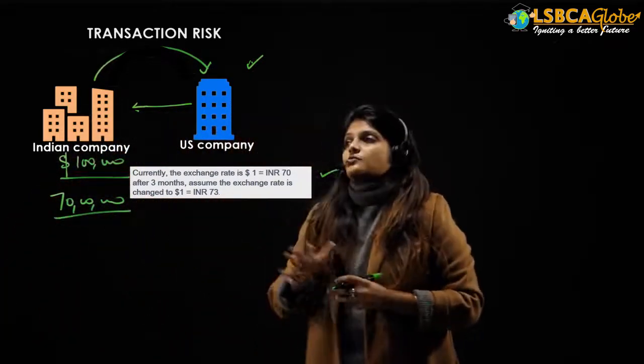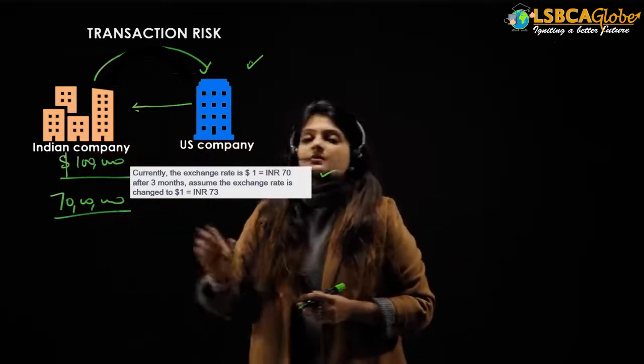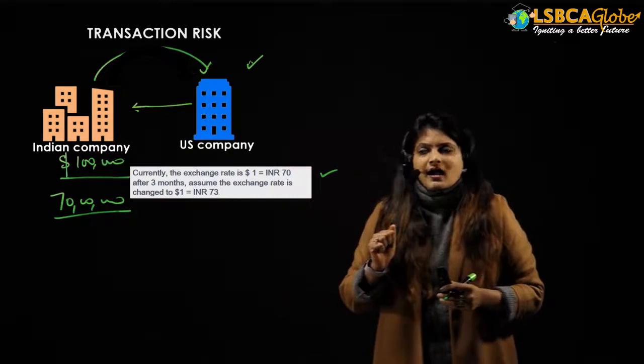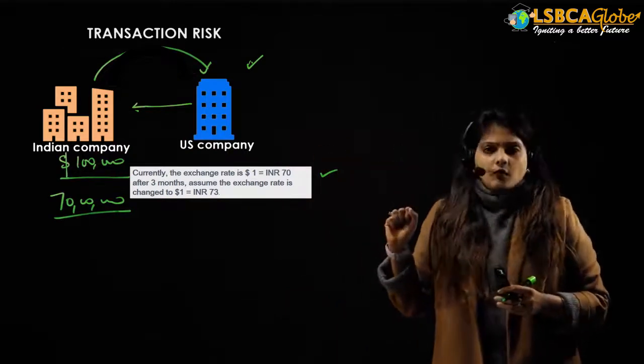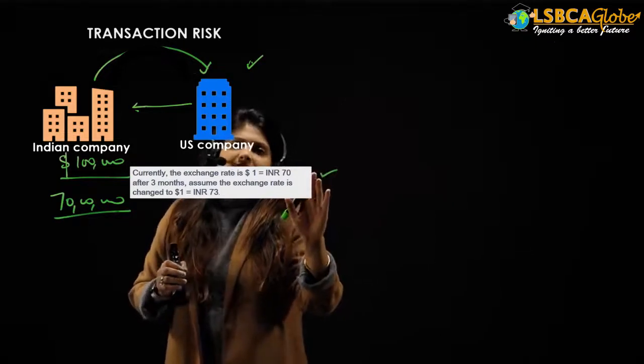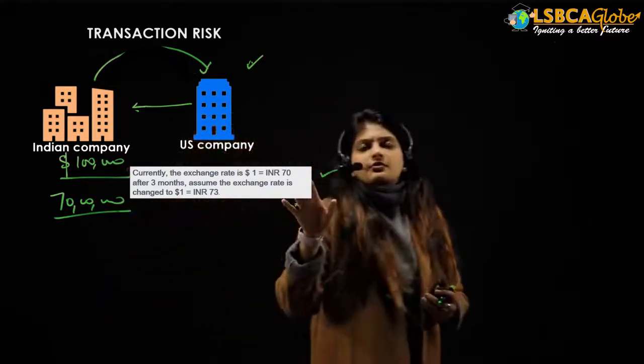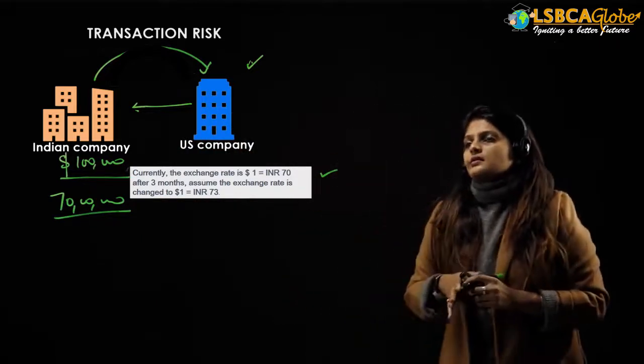If we need to make a transaction today, then we need to make a payment of this much amount. Here there is no currency risk involved, because we know the spot rate today and we can use it to convert our currency into foreign currency.